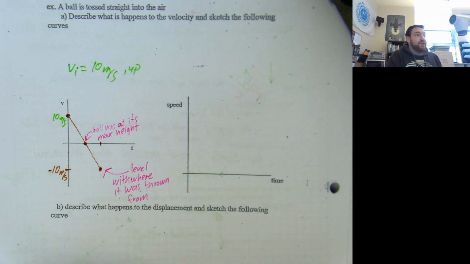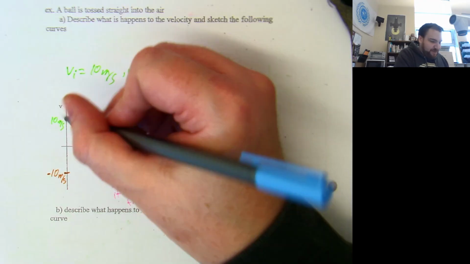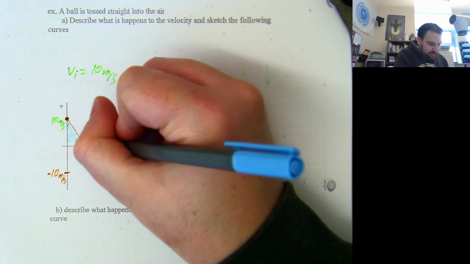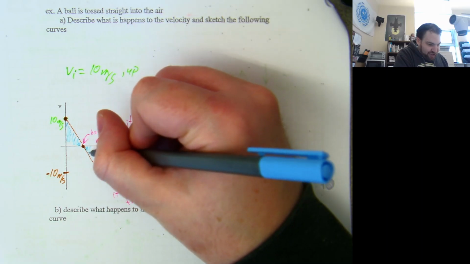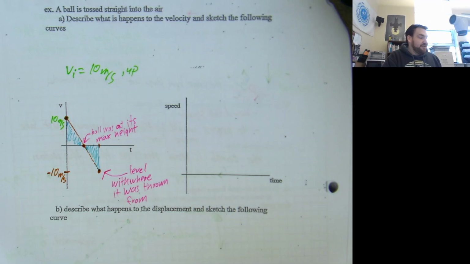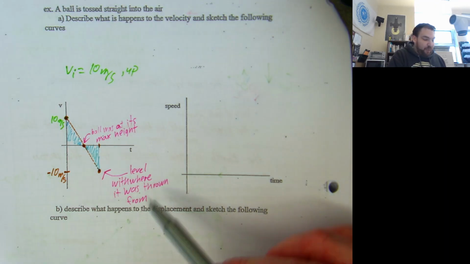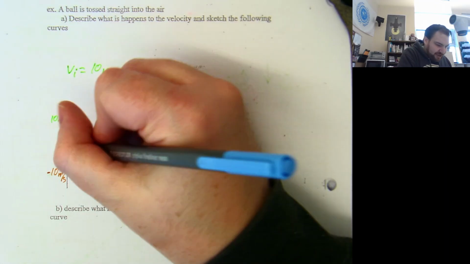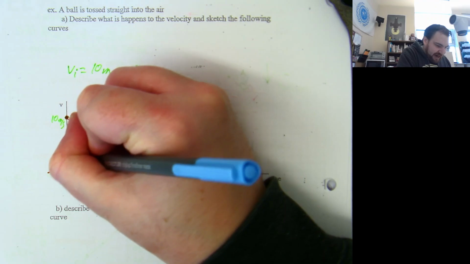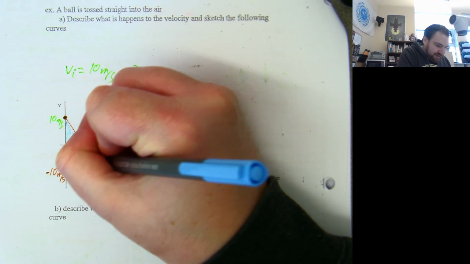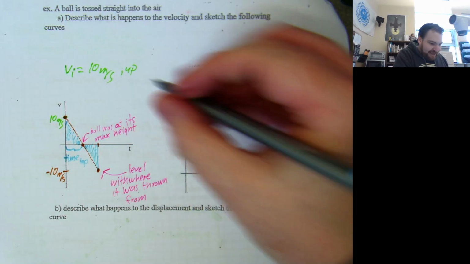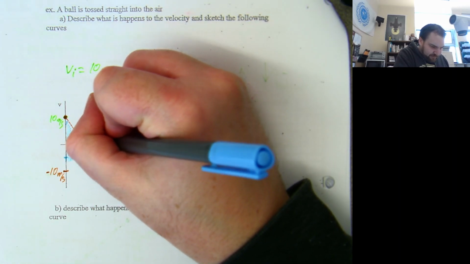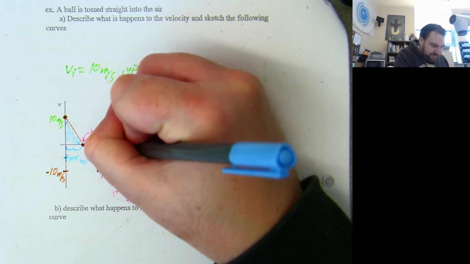Which means its displacement should be 0, which means this area should equal this area, because when you add them together, it should be 0. When you're level with where you were thrown from, your displacement is 0 because you've gone back to where you started. So this guy right here represents the time to the top, and this guy here represents the time to the bottom.